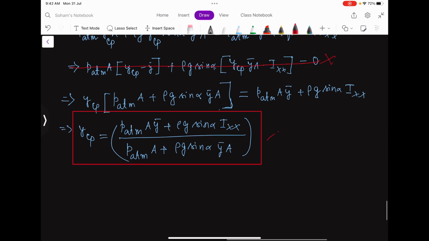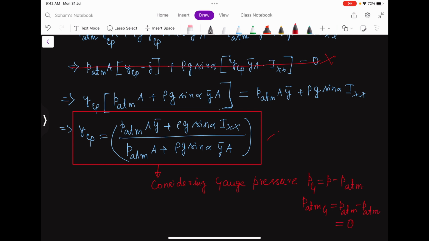So now, for simplicity, considering gauge pressure. I have told you that the concept of gauge pressure is nothing but P gauge equals P minus P atm. So in gauge pressure coordinate, atmospheric gauge pressure is nothing but P atm minus P atm, and that is nothing but 0.